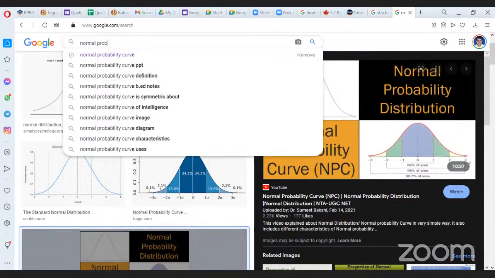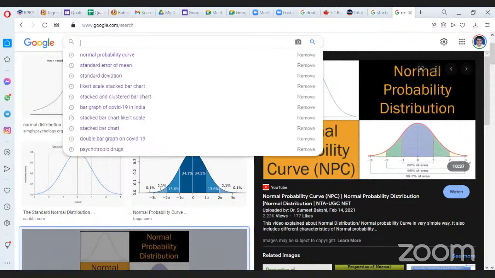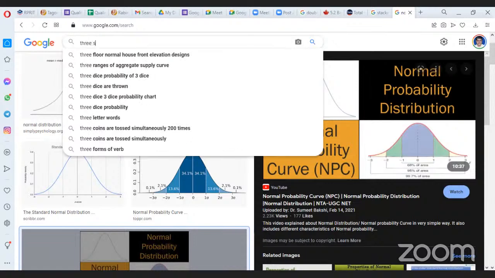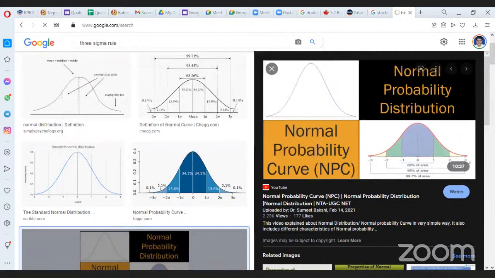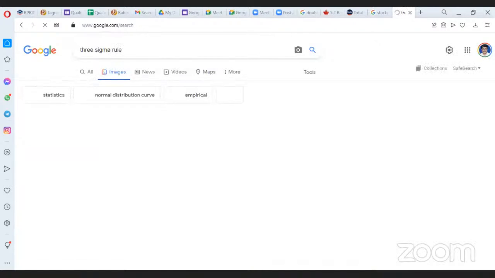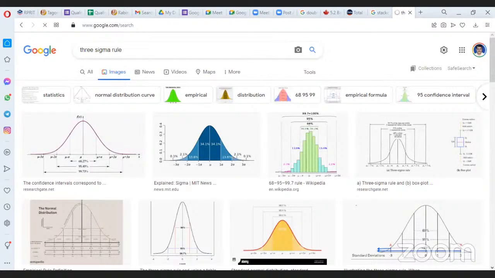The empirical rule is often referred to as the 3 sigma rule or the 68, 95 and 99.7 rule.